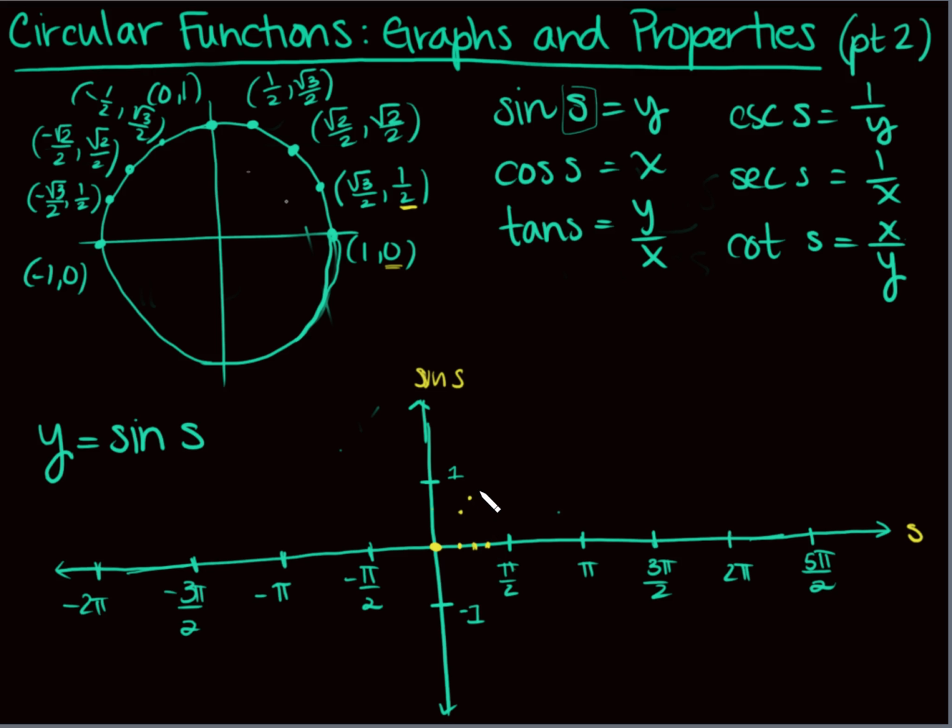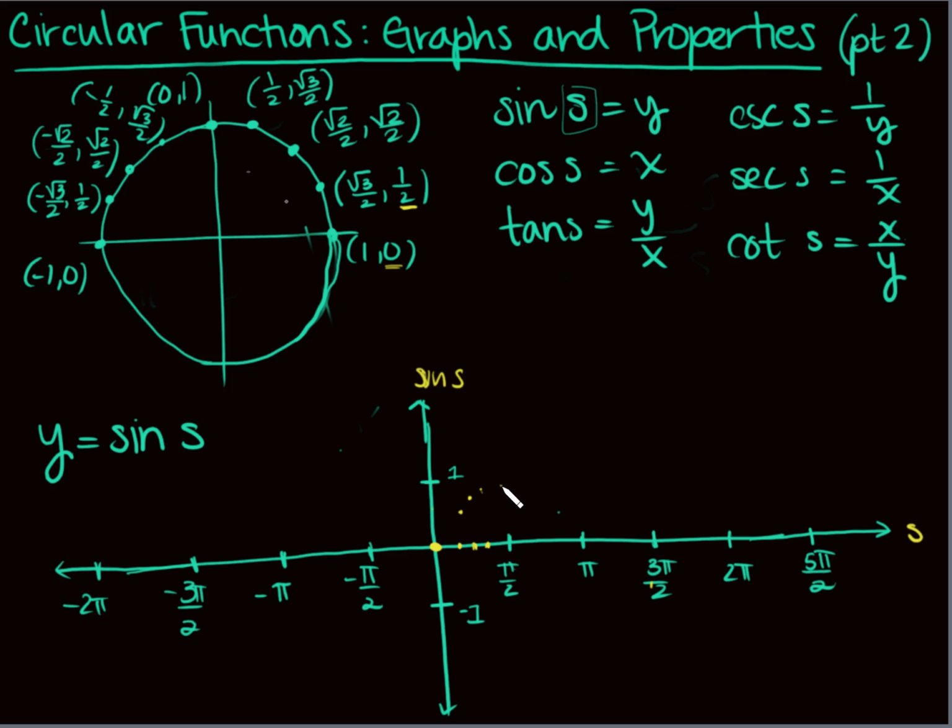And then root 3 over 2 is about 0.866. So even closer to 1 at 60 degrees, or at pi over 3.